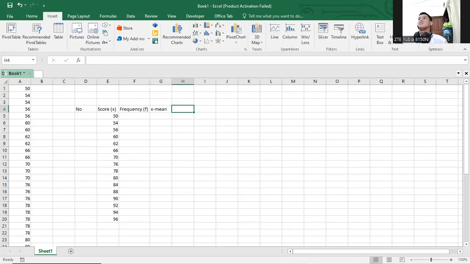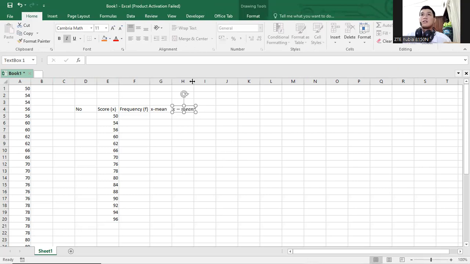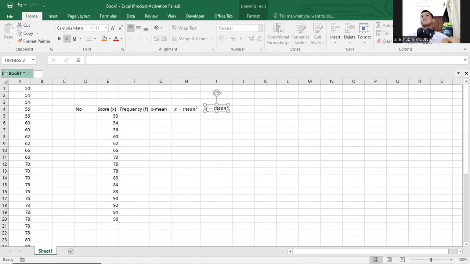To make it, we go to insert equation, and we can choose any types of equation here that we want to make the X minus mean squared. And the last column of the table is F times X minus mean squared.